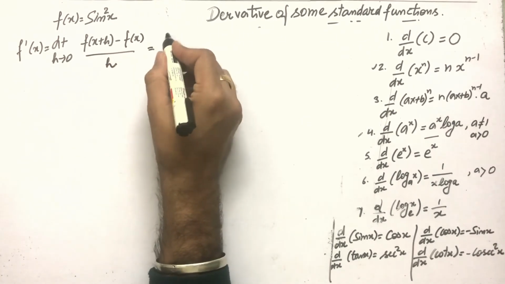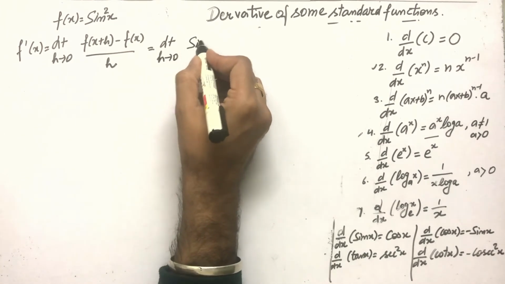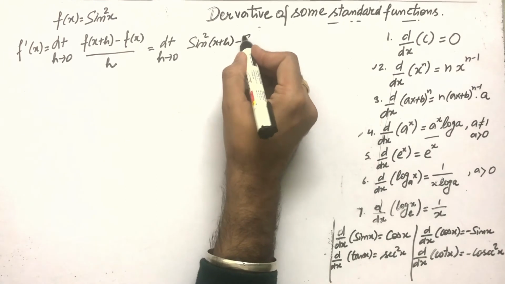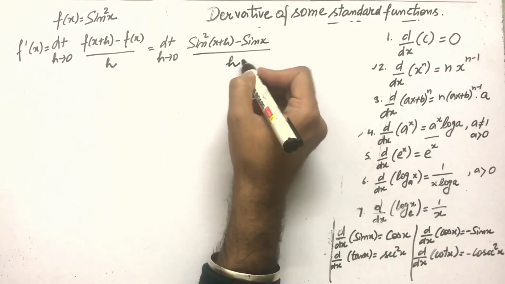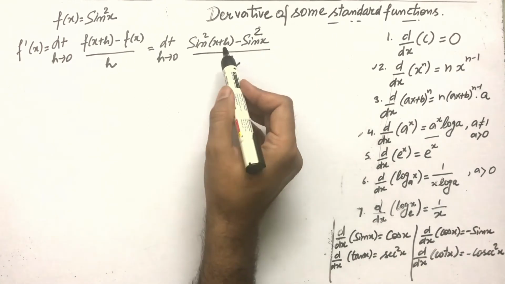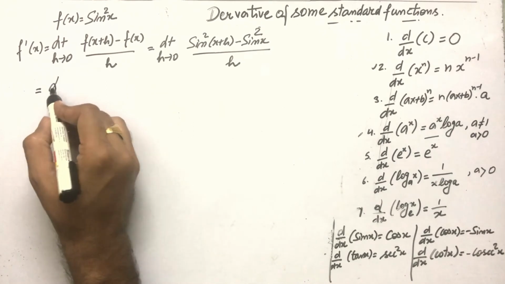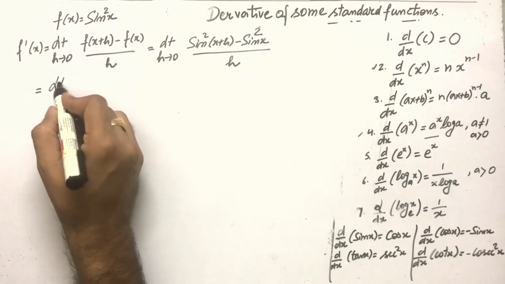Putting the values, this is limit h tends to 0, sine square (x plus h) minus sine square x upon h. So this is sine square. So this is a square minus b square. Putting the values, okay, a square minus b square is (a plus b)(a minus b).